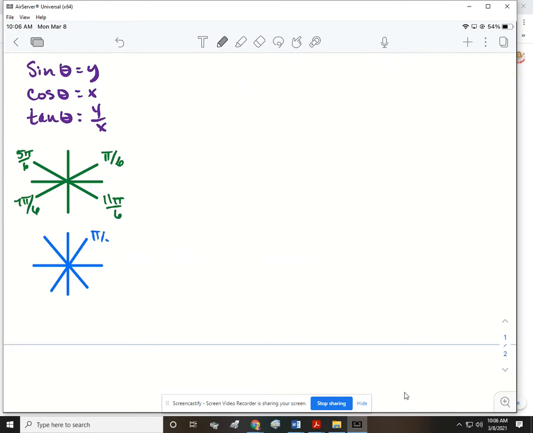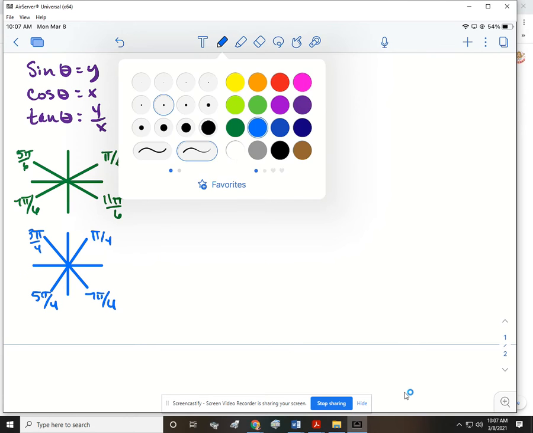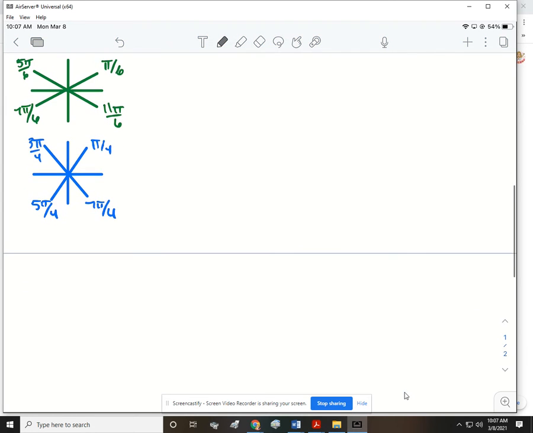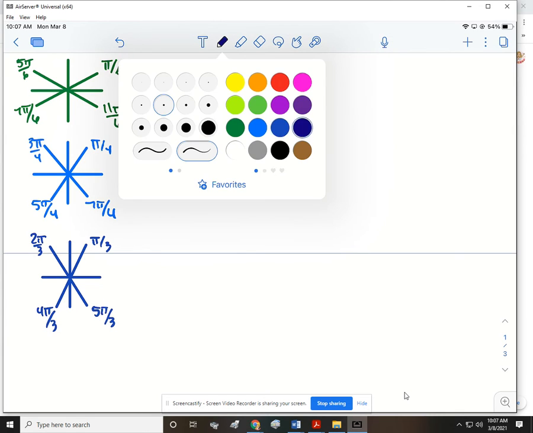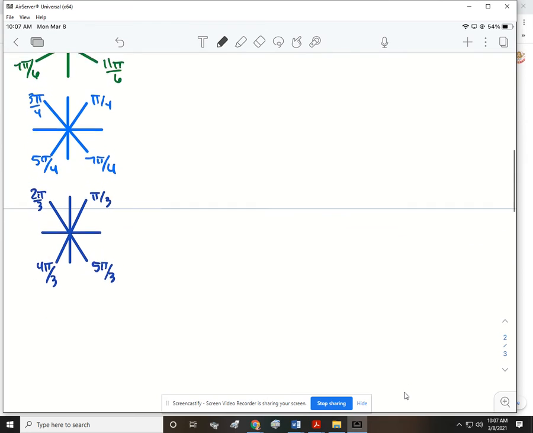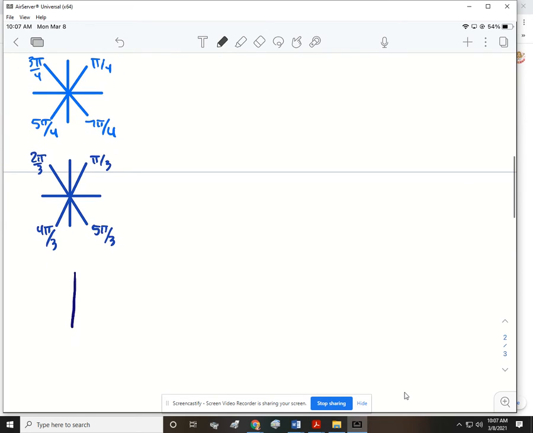And then pi over 4. And then pi over 3. And then finally, we need to know that all students take calculus.